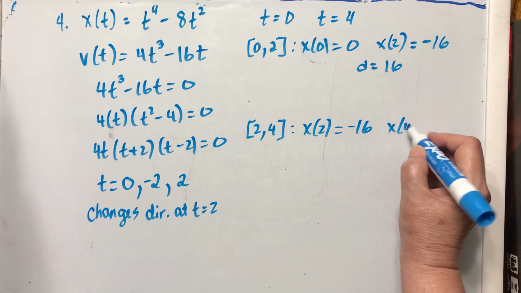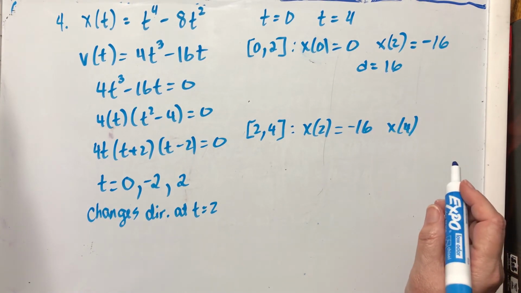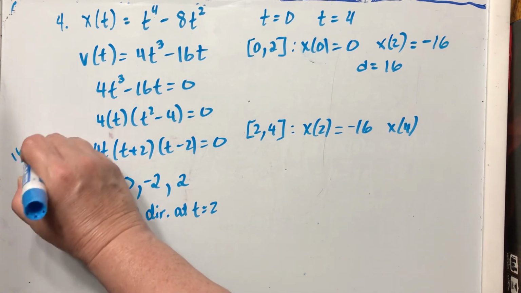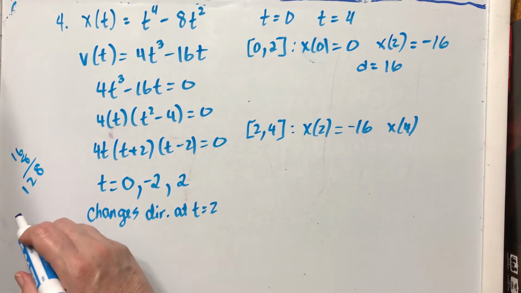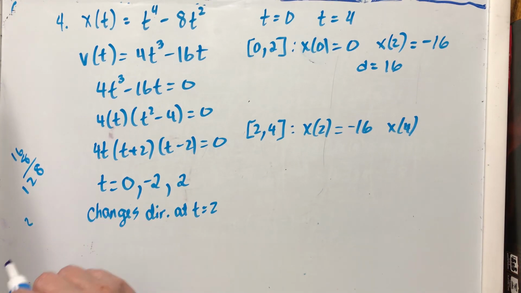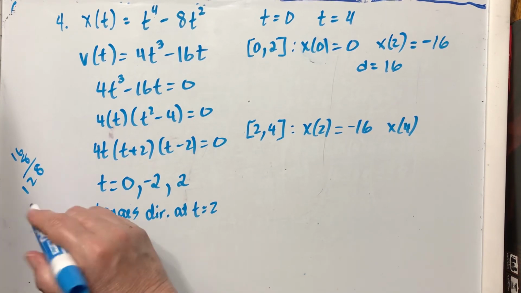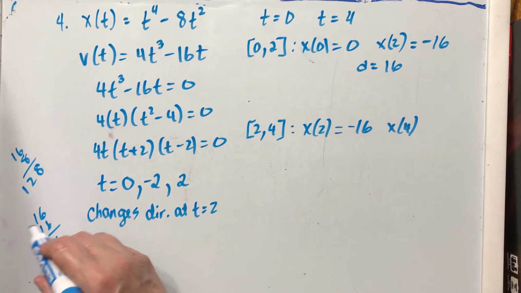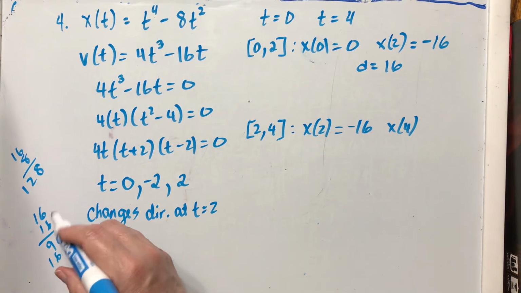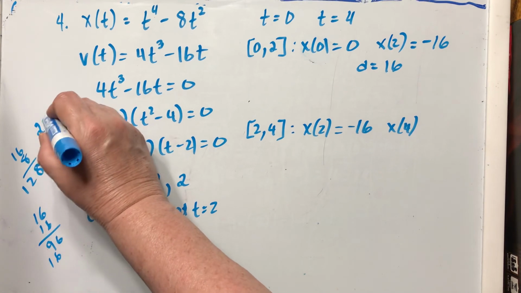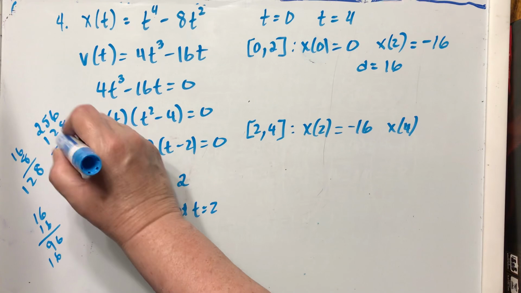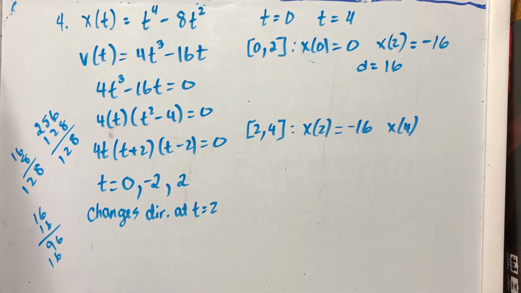x of 4, oh my goodness. What the heck is that? Let's see, 256 minus 16 times 8 is 128. So, is it 256? That seems excessive. Yeah, it's 256. So 256 minus 128. Is that right?